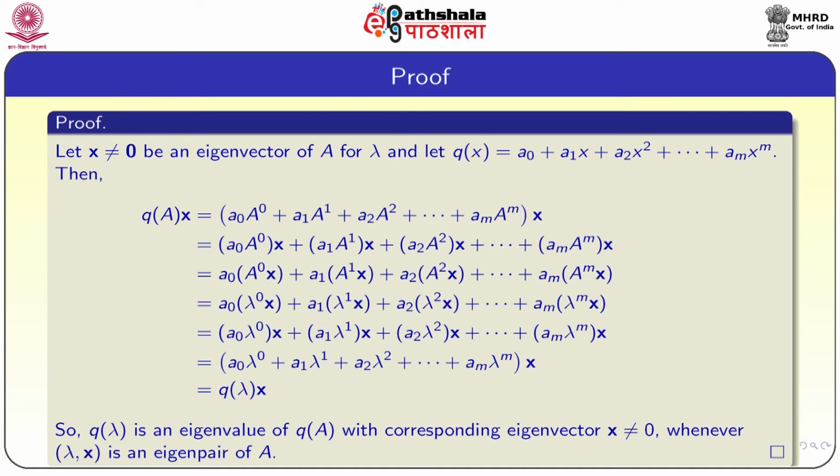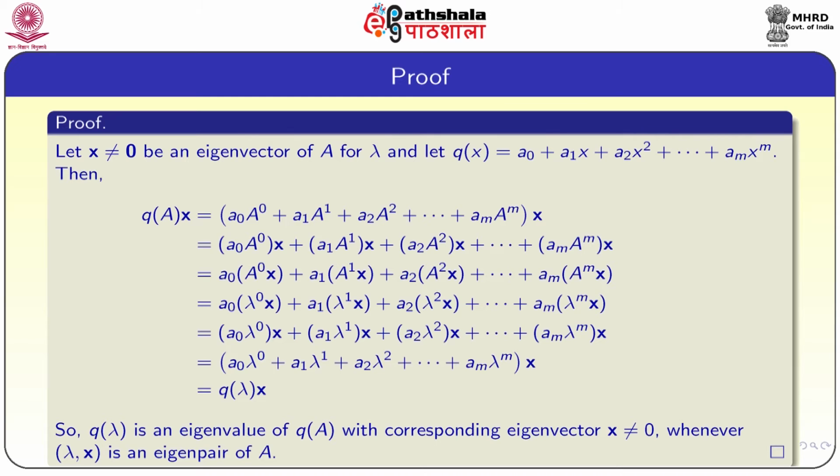From the previous result we know that if x is an eigenvector of A, then x is also an eigenvector for A square, A cube and so on, A power m. Not only that, the eigenvalues become lambda, lambda square, lambda cube and so on, lambda power m. So we have a0 into lambda power 0 x plus a1 into lambda x plus a2 lambda square x and so on, am lambda power m x. With a little calculation we can put x outside.